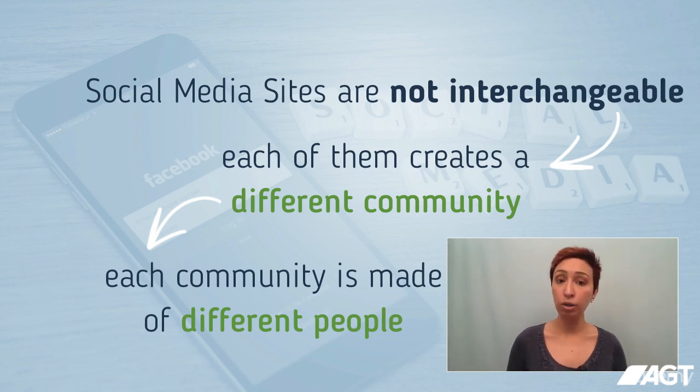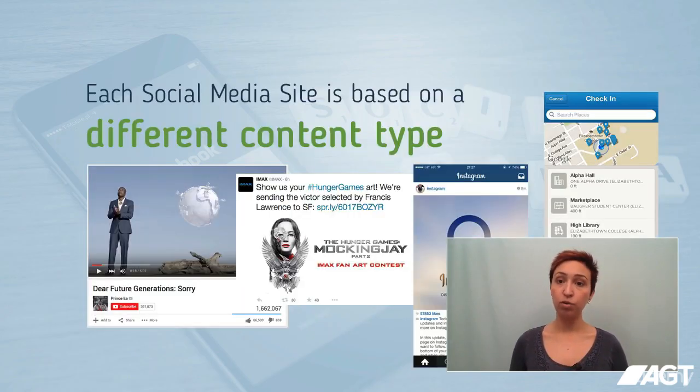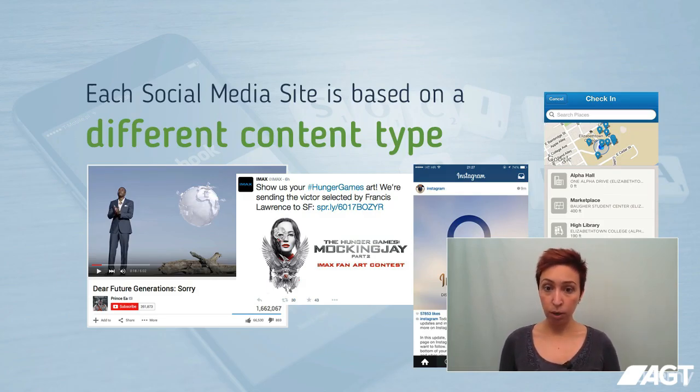Those data will be very useful to you, but you shouldn't limit yourself to demographics. Another important factor to consider is the type of content that a specific social media site is based on. For example, YouTube is a video-based site. Will you have video materials to share? Will videos be useful for you to promote your brand?